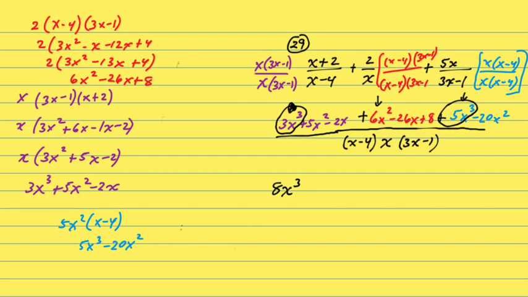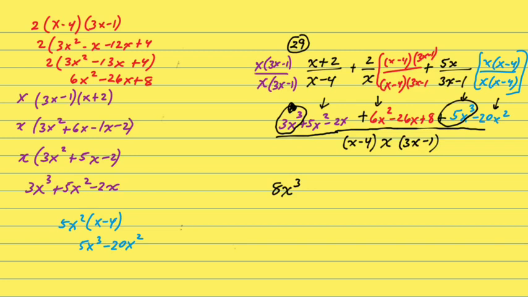Are there any other x cubes? How about x squareds? I'm sorry, we're doing x squareds, right? So you have 5 and a 6. What is 5x squared and 6x squared and the negative 20? 5 and 6 is 11.